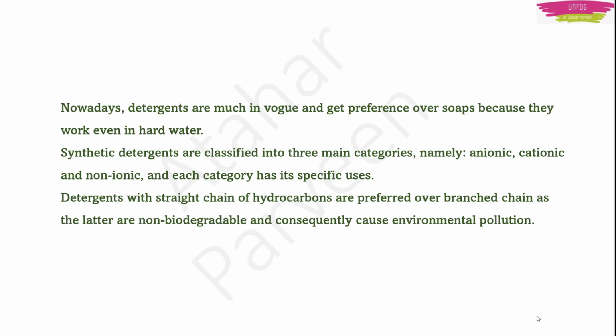Now detergents, as I told you, are made of alkyl groups. Detergents with a straight chain of hydrocarbons are preferred over branched chain. They can be made with the straight chain or with the branched chain, but those made with straight chain are preferred.